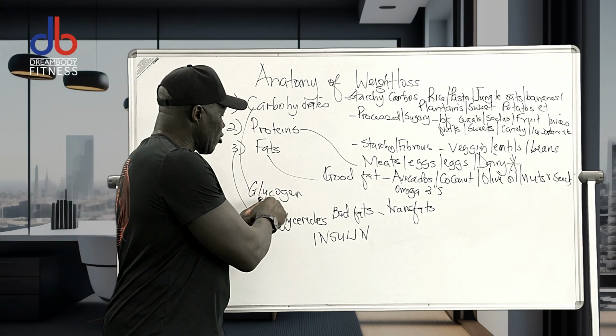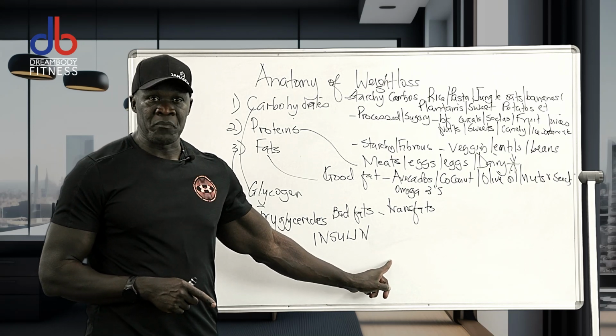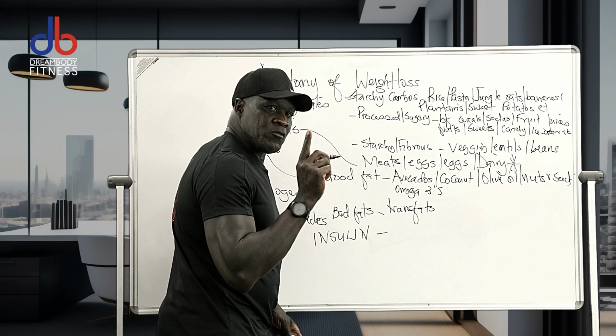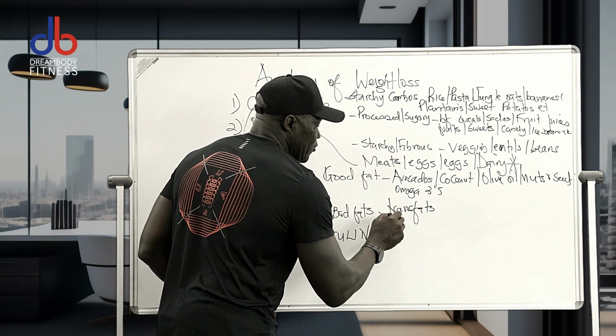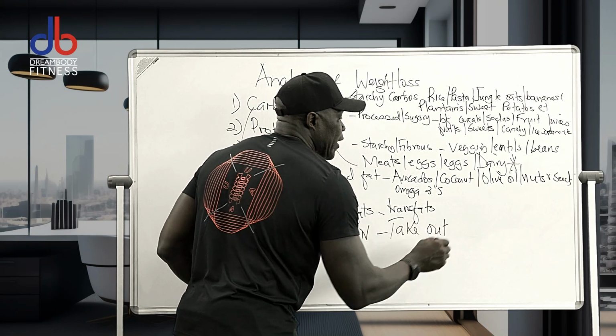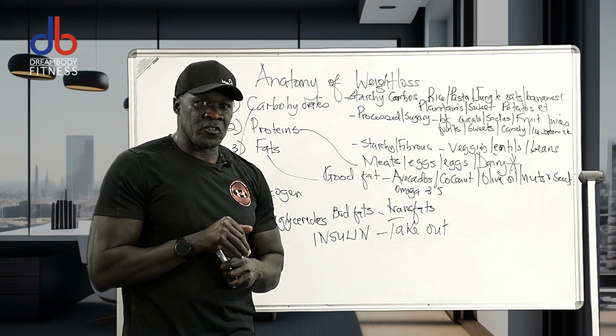And if you're eating a lot of glycogen, then there's a lot of insulin in your bloodstream. Insulin's main job is always to take sugar out of your bloodstream and store it where? In your fat cells.